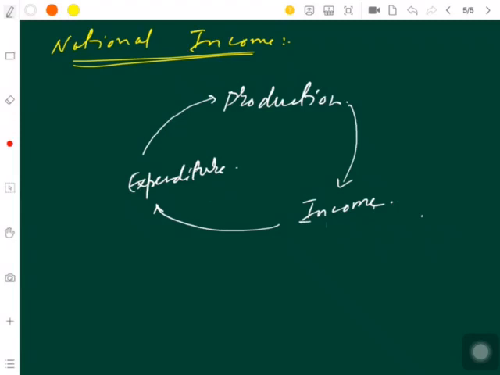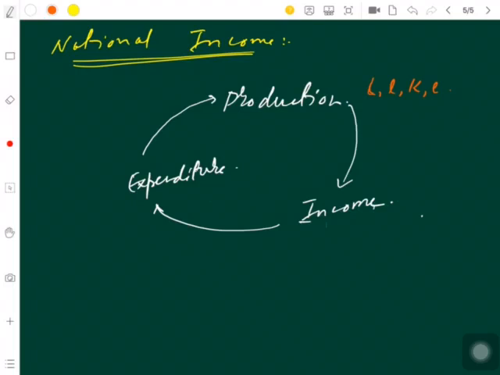What it says is that when we say production generates income, production will take place when we combine factors of production, that is land, labor, capital and entrepreneur. Yes, capital is written as CAPITAL with C and it is indicated with K. Land, labor, capital and entrepreneur.